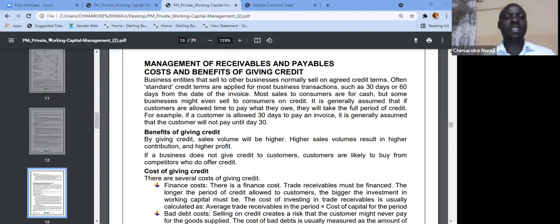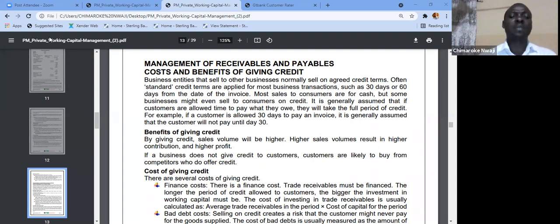This plays itself out in people who want to pay tax, like VAT, PAYE, and all that. They wait until the very last day or two before they pay. That is how customers usually behave. They wait until they would have exhausted the maximum possible allowance before they pay their debts.